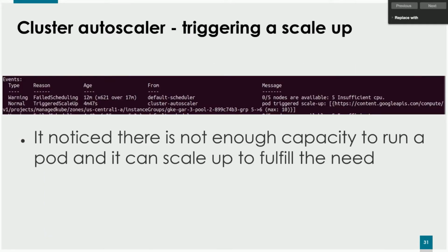Then there's this thing called a cluster autoscaler that watches your Kubernetes API to see what kind of events are happening and what it wants to do. It will notice that you did try to scale up this thing, and there was insufficient CPU there. So it triggers upon that and increases the node count on the cluster.